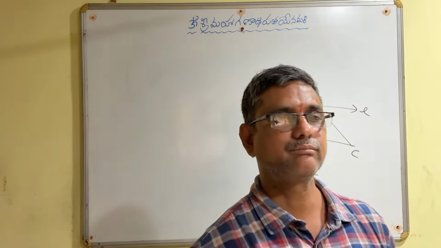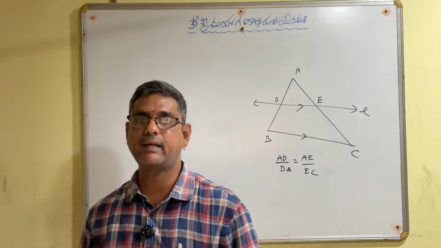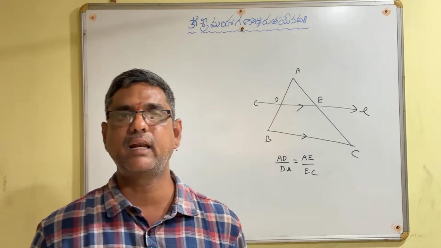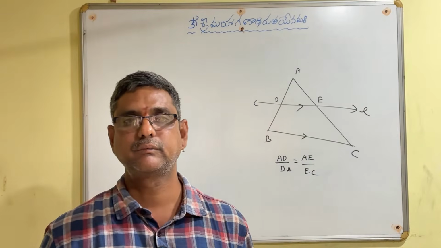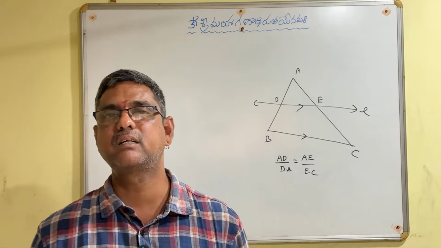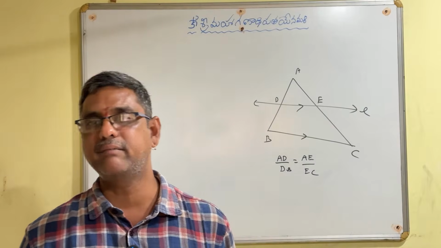Okay, now once again, if a line is drawn intersecting two sides of the triangle at distinct points, parallel to the third side, then it divides the remaining two sides in the same ratio.